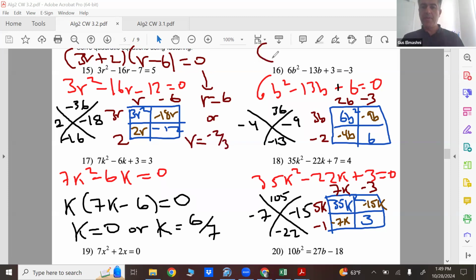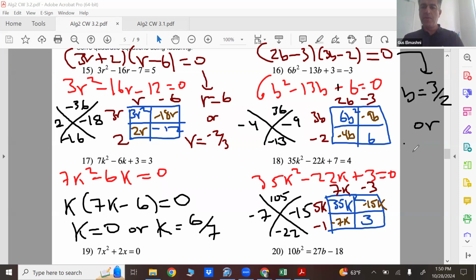Here, 2b minus 3 or 3b minus 2 equals 0. I ran out of space, but does that show up okay? Yeah, b equals, let's do black. B equals 3/2, or b equals 2/3.